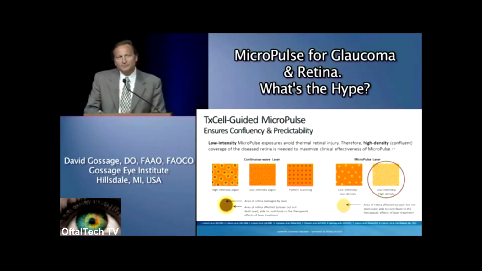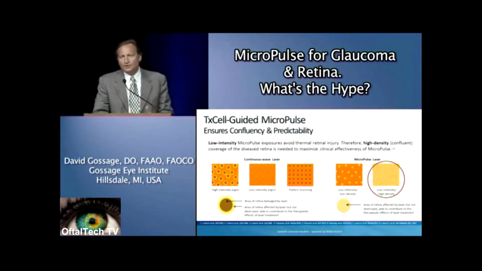So if you think about it for a moment, if we can create the therapeutic effect but not have the burn or not have the damage, wouldn't that be better? And that's really what MicroPulse technology is doing. If you look over on the far right of the screen, we'll see an area of a high-density, low-intensity treatment, which is creating the biological effect we're looking for, basically decreasing the edema of the retina, but not creating the thermal damage. And it's a great technology, and I'm surprised this wasn't developed years ago.